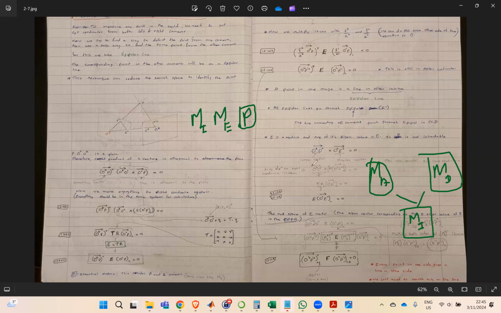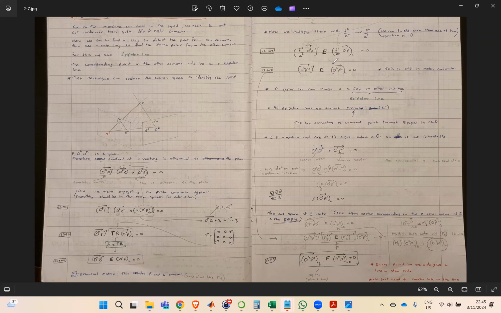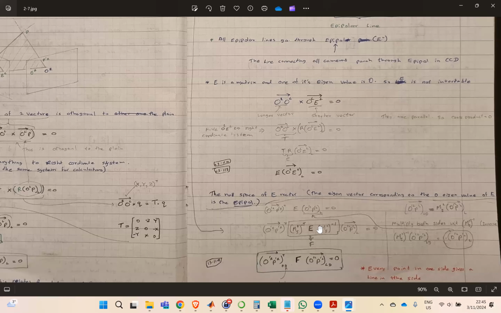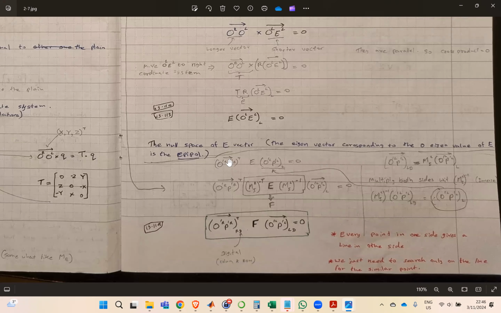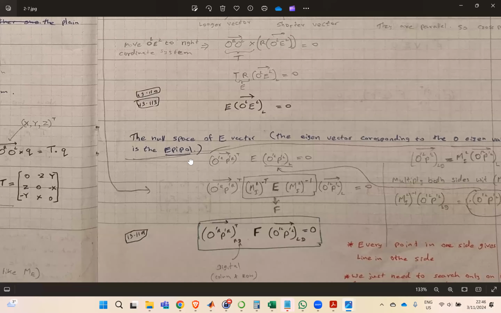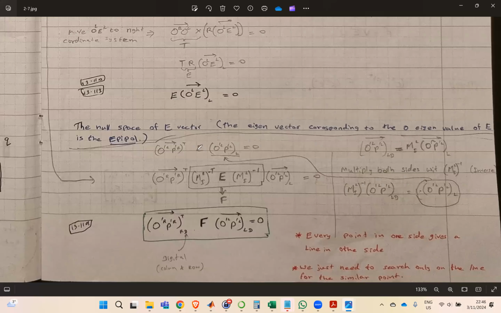Here also, this point is in meters and this point is in meters. So we can multiply this with the MI matrix, and you can see this is MI inverse. The reason is that the same equation above is written here.